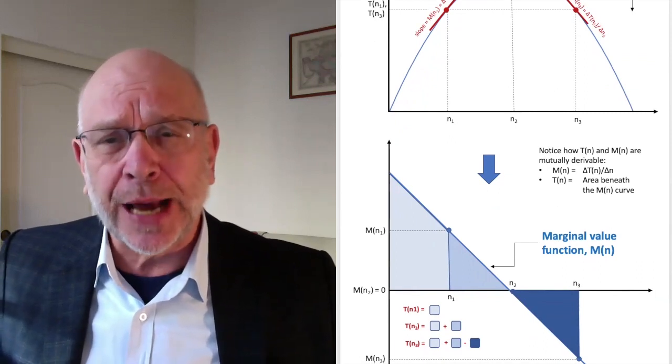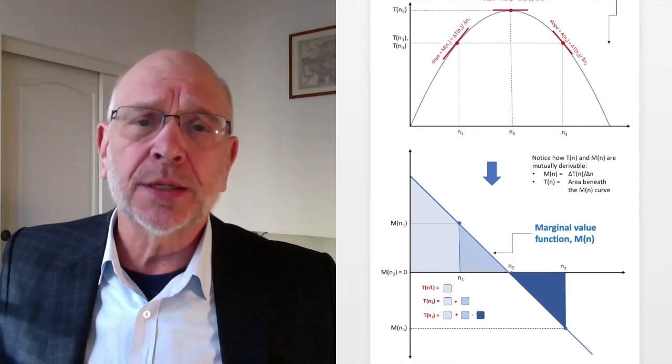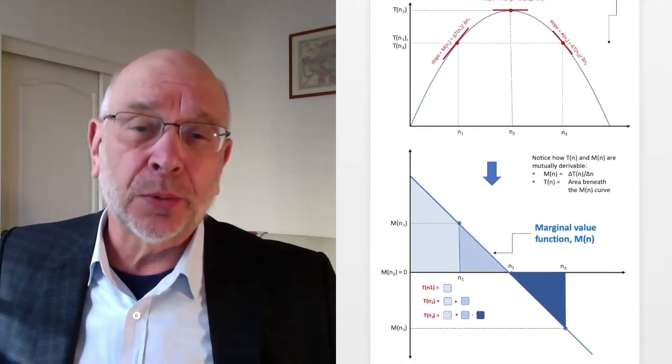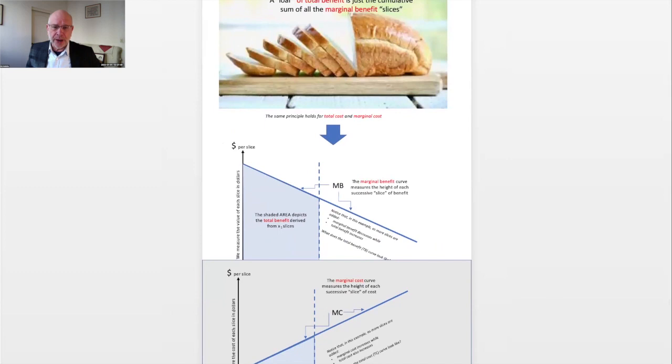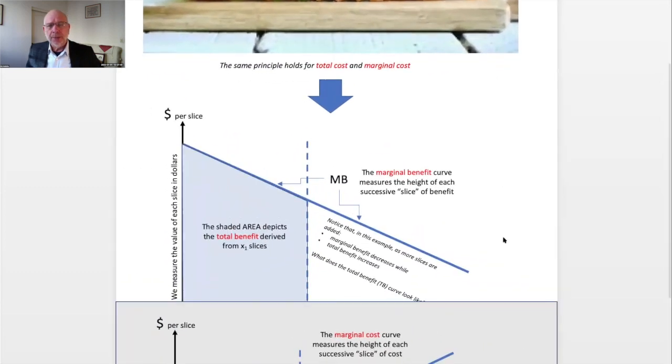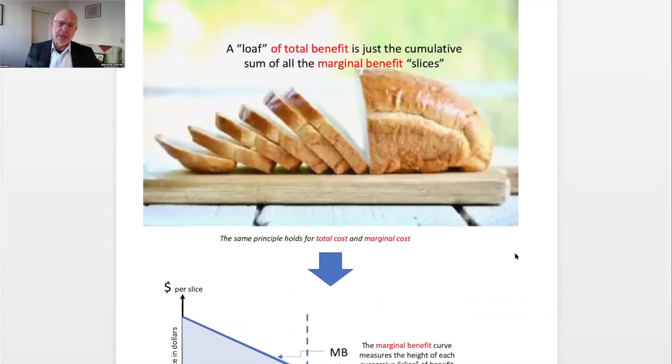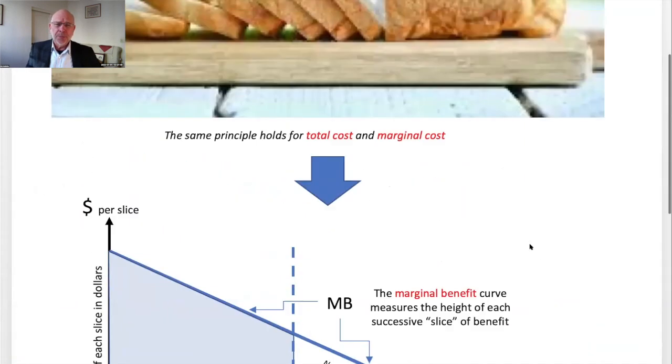Now let's turn to how we use this for economic reasoning. And to do this, I'm going to first start with a loaf of bread, which I find to be the most intuitive way to think about the relationship between marginal and total.